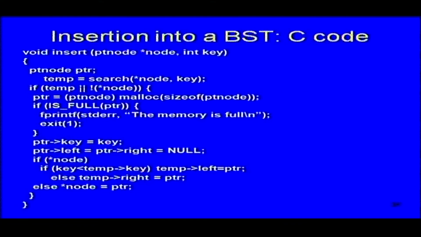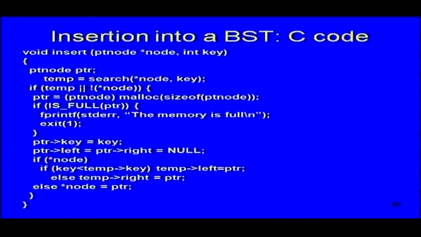So, you keep on recursively calling the insertion algorithm till you come to a point where you reach either an empty right subtree or an empty left subtree, and then you create a node. So, up to this point we have seen the pseudocode of how to insert an element into a binary search tree. Now, we are going to see the actual code for inserting a node into a binary search tree.